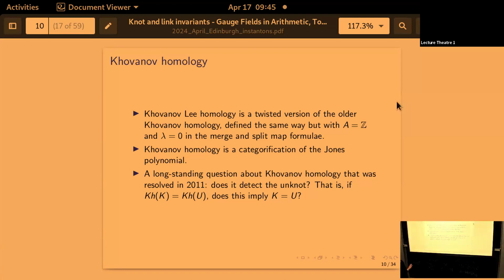And basically if you read off the coefficients of the polynomial, that's going to give you the ranks of the Khovanov homology. The Khovanov homology is actually bigraded, so it's going to be the alternating sum of the ranks along basically one of the gradings of the Khovanov homology.